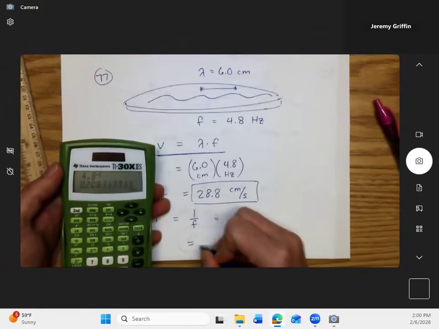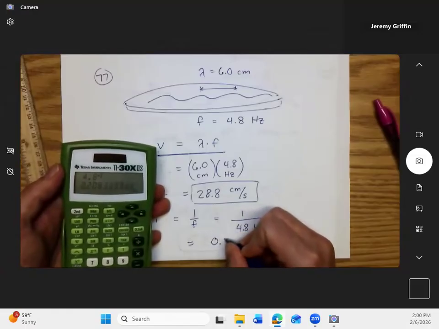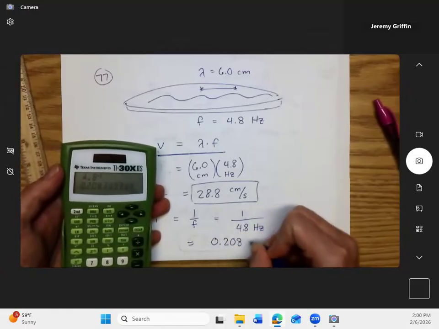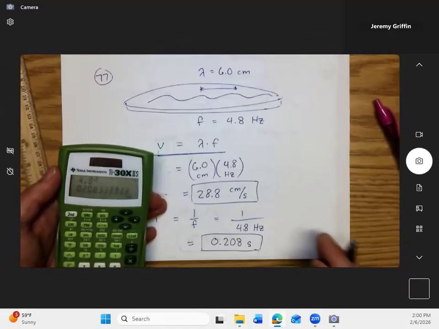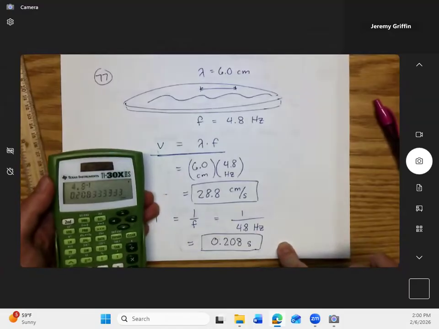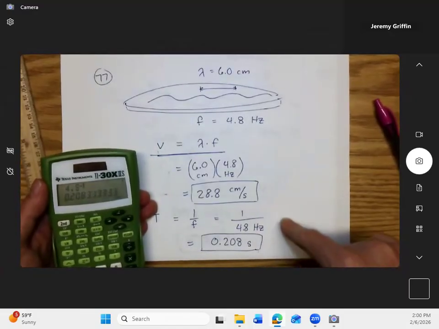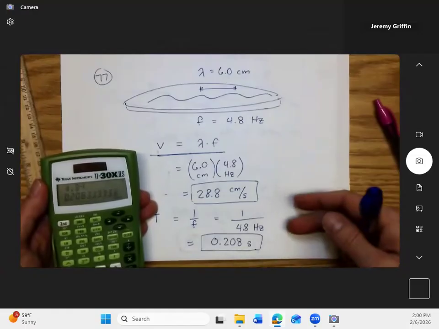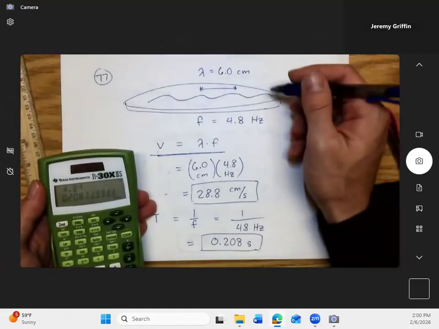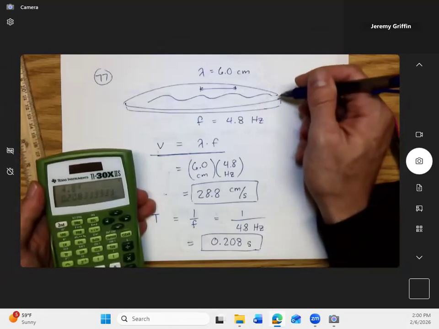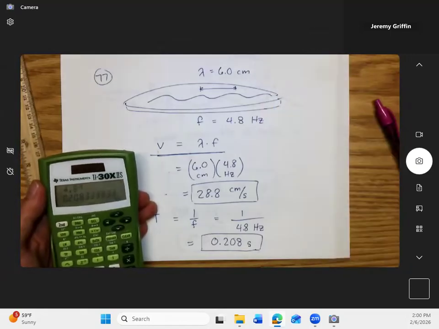So I'm looking at 0.208 seconds. 1 over 4.8 is really close to 1 over 5, so approximately every fifth of a second, or you can say 5 times per second, maybe these crests are slamming up against the wall of the dish.